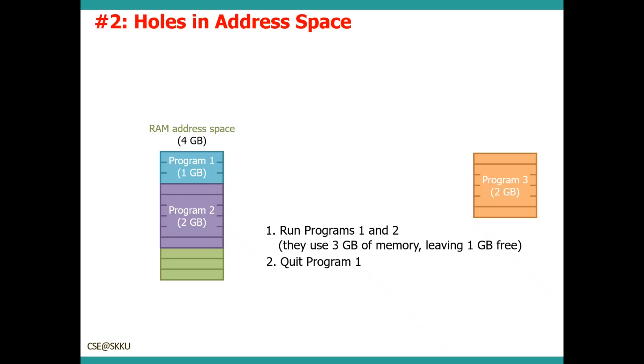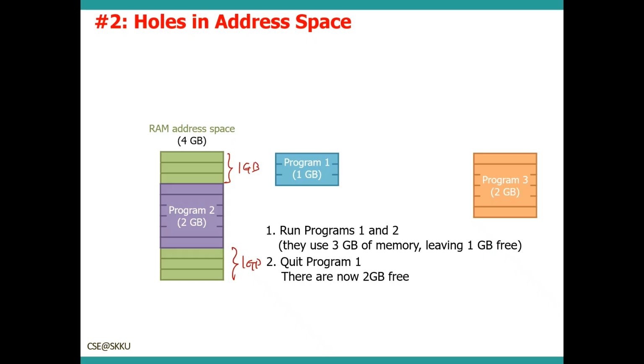If program 1 finishes, then we have 1 GB free memory and another 1 GB free memory. So we now have 2 GB free memory space, and program 3 requires 2 GB.